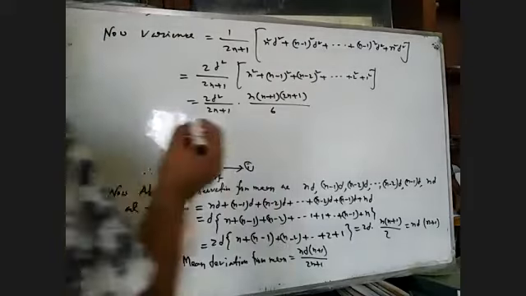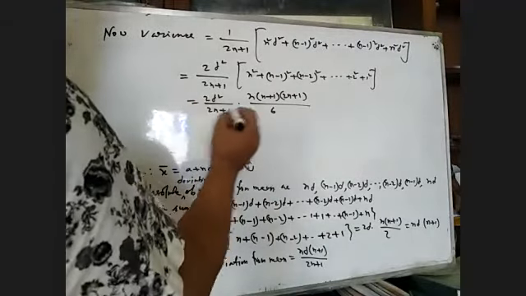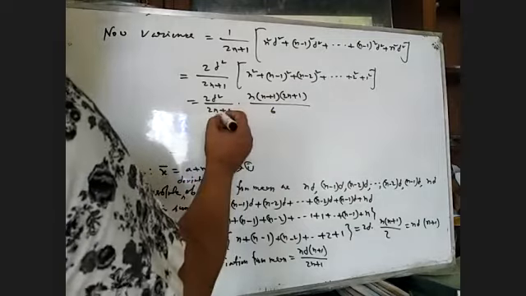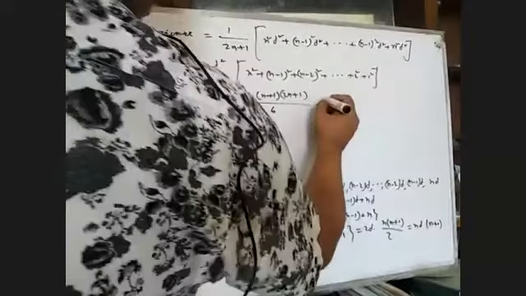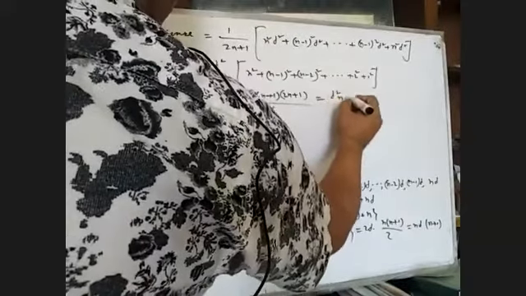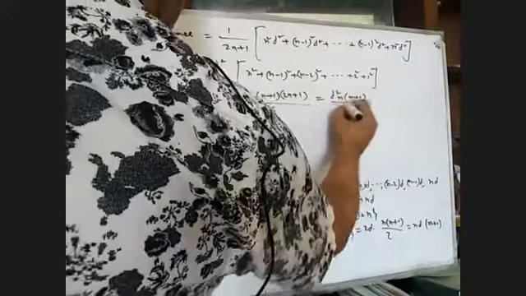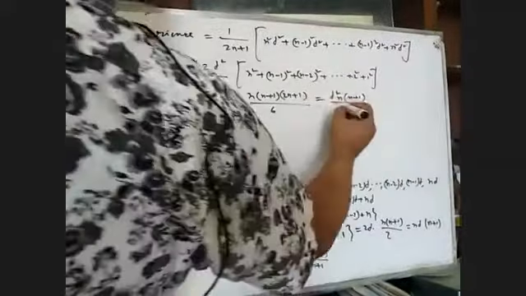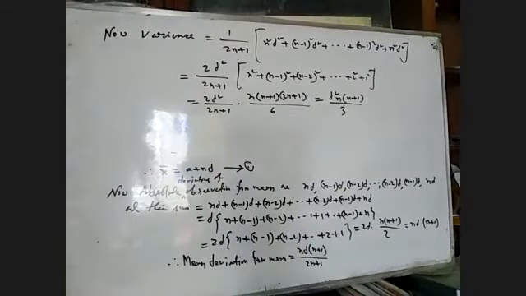So 6 and 2 cancel, 3 we get, and twice n plus 1 will be cancelled. So we get only d square n into n plus 1 by 3. Okay, so this is the value of variance.